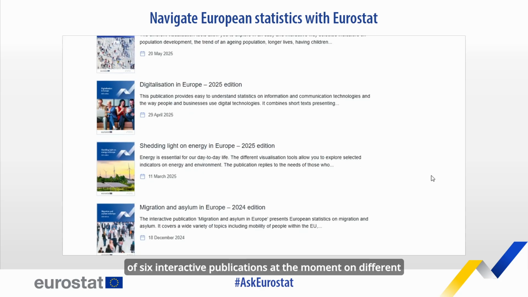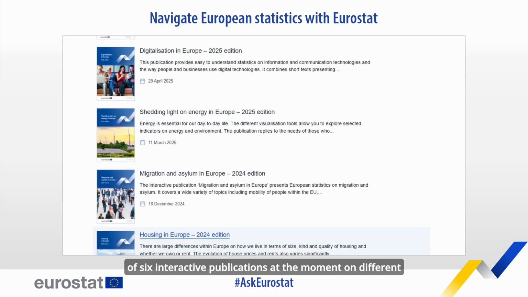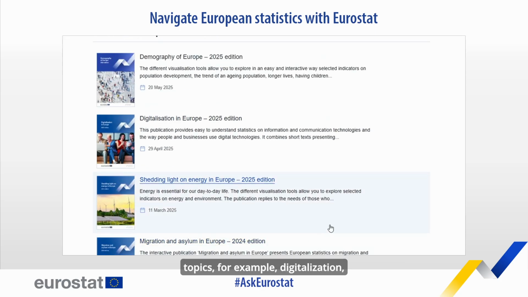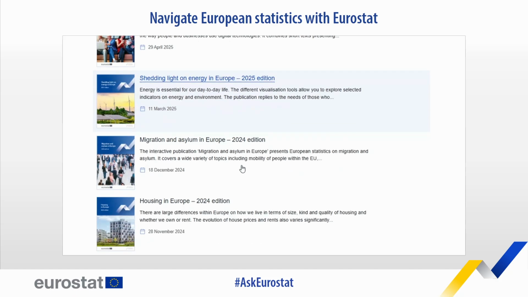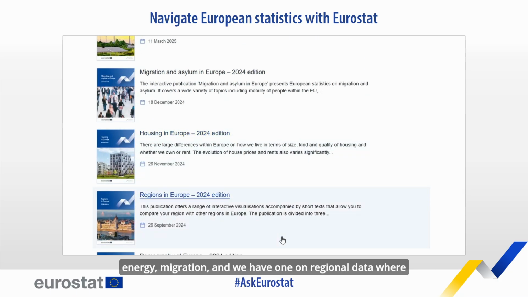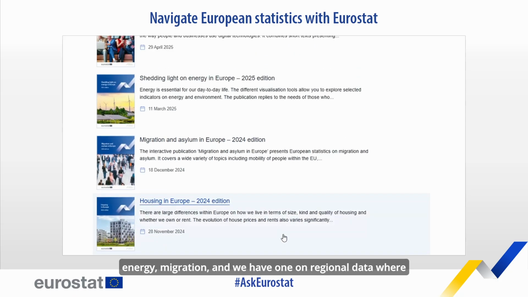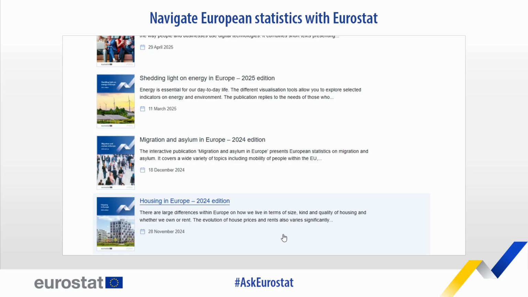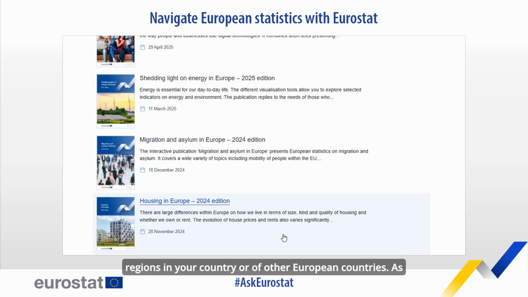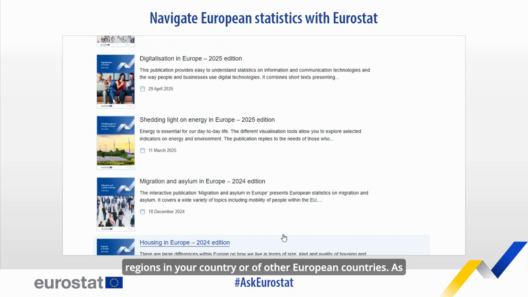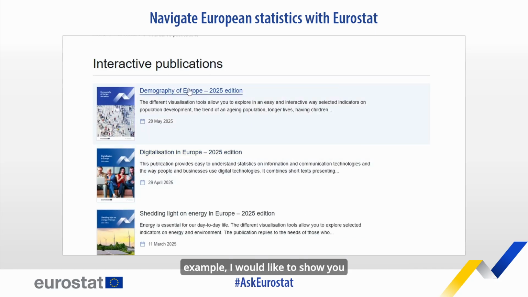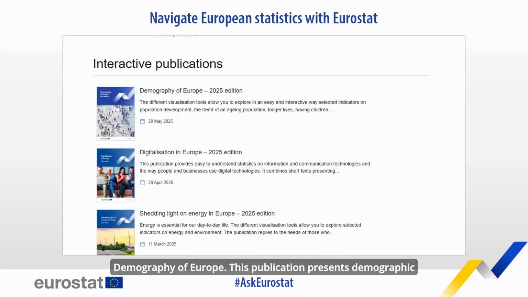We have a collection of 6 interactive publications at the moment on different topics, for example, digitalization, energy, migration, and we have one on regional data, where you can compare your region to other regions in your country or of other European countries. As an example, I would like to show you Demography of Europe.